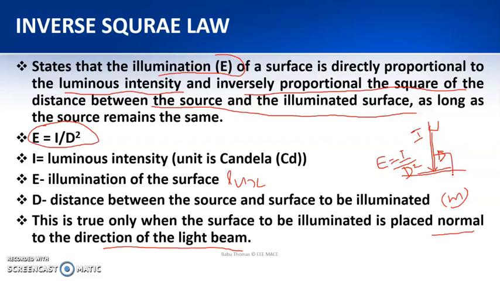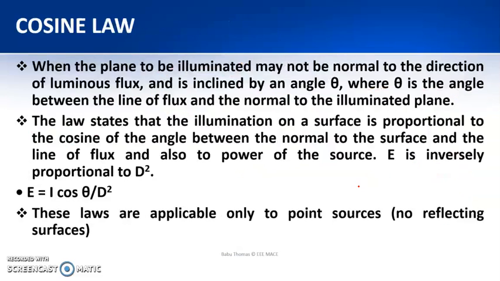There are certain times when you have your light source which is providing the light output, and you need to also calculate the illuminance which is occurring at this particular area. Under such conditions we cannot apply the inverse square law. There we need to apply the cosine law. When the plane to be illuminated is not normal to the direction of the luminous flux and is inclined by an angle theta, then we will be using the cosine law.